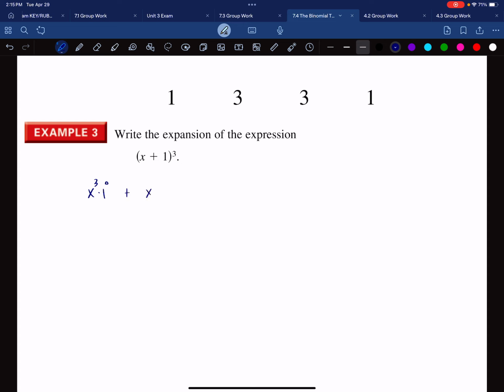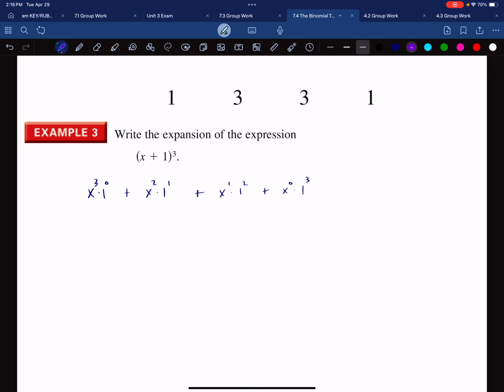So the exponents on x come down by 1, the exponents on 1 go up by 1. So plus x to the 1st, 1 squared, and then plus x to the 0, 1 cubed.